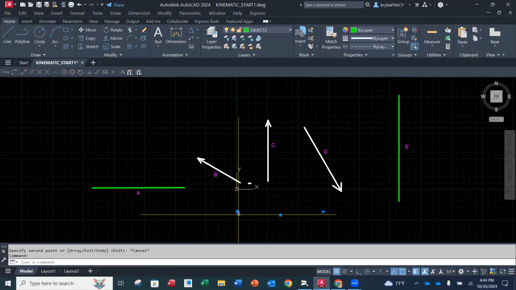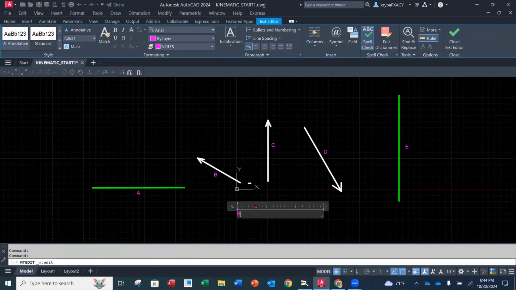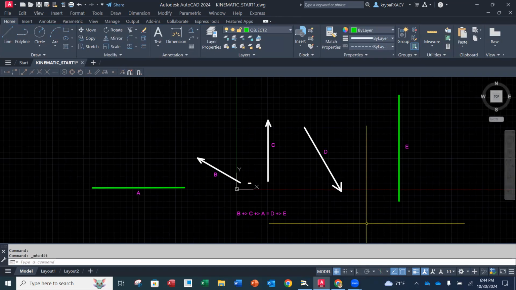So I'm going to put B plus vectorially C plus vectorially A. That's going to be the left-hand side of our equation. And then I'm going to say equal to D plus vectorially E. Okay. So that's the order that we're going to be adding the left and right sides of our equation.